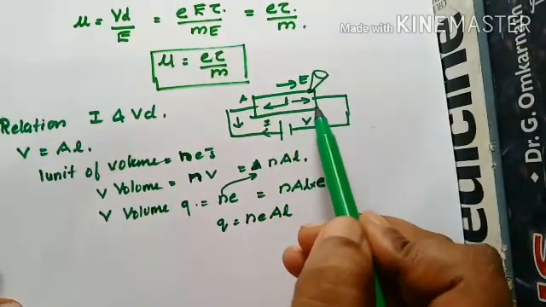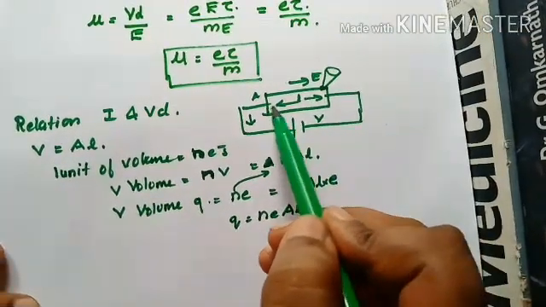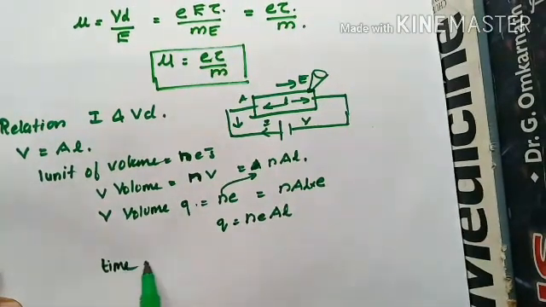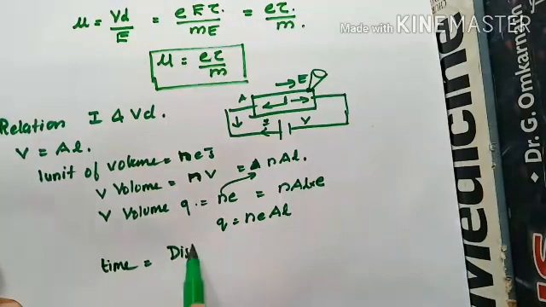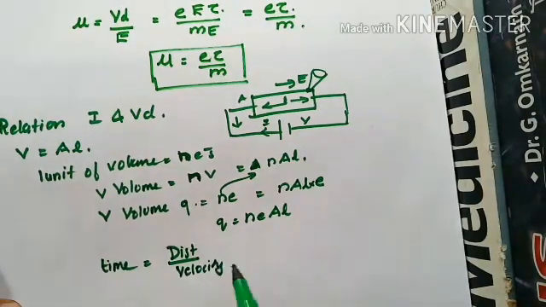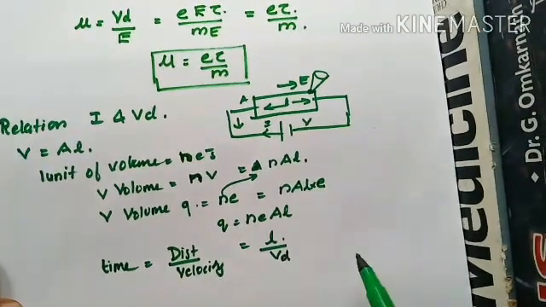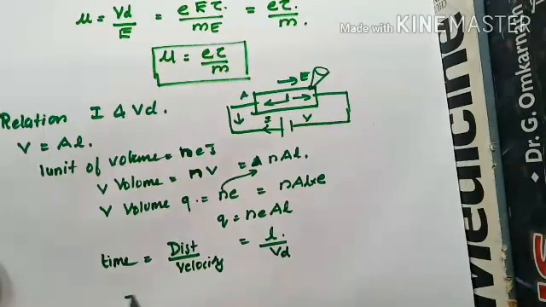Now the electrons are moving from one end of the conductor to another end, right? So how much time it requires to travel the entire conductor: time is equal to distance by velocity. Which velocity do I have to write here? Drift velocity. So the distance is length and velocity is drift velocity. Now what is current?